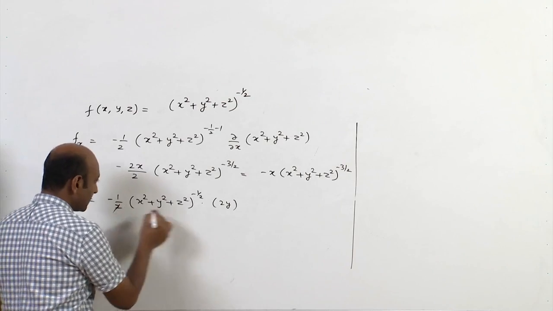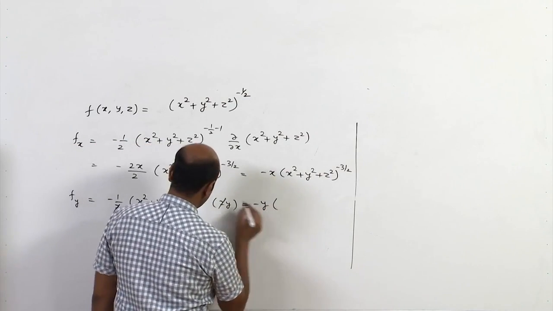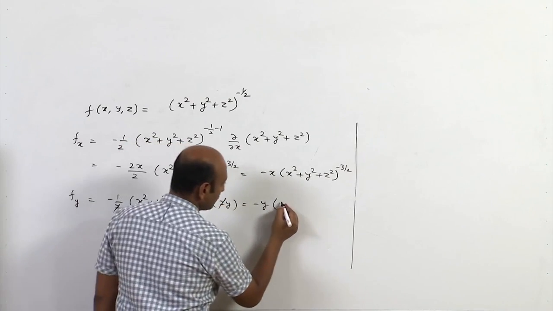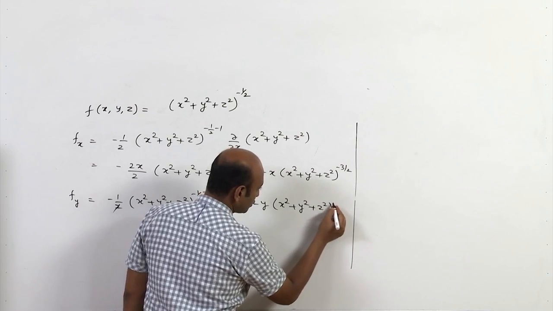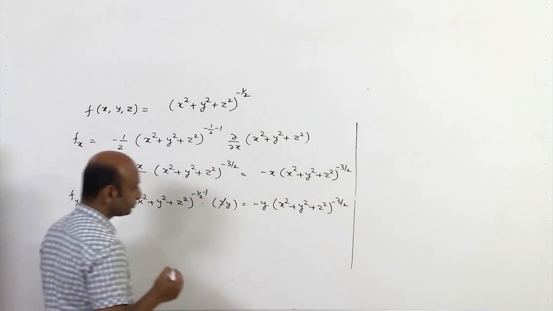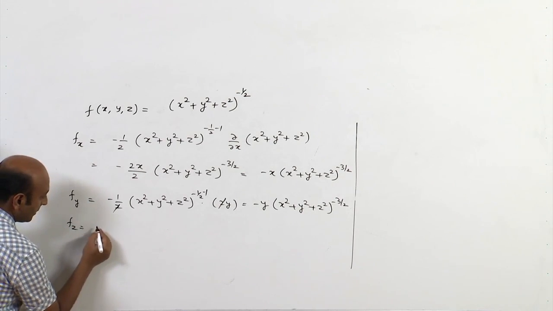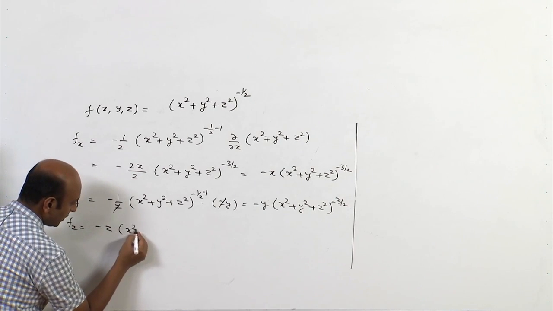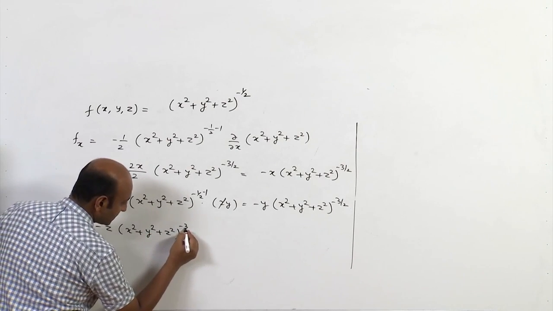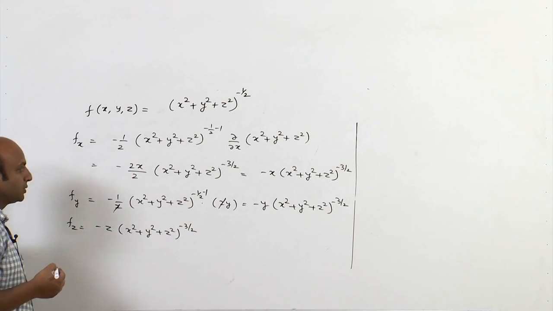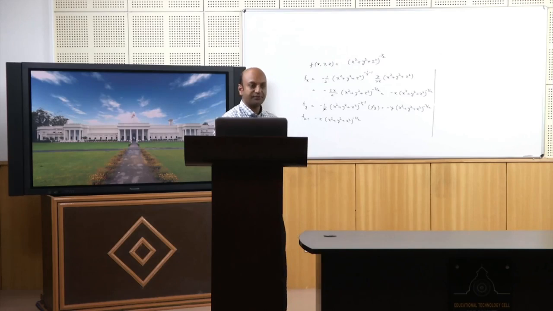So, the 2 cancels out, and it is minus y into x square plus y square plus z square whole raised to power minus 3 by 2. Okay. And similarly, f_z will be minus z into x square plus y square plus z square whole raised to power minus 3 by 2. So, this is how we can compute f_x, f_y, or f_z.